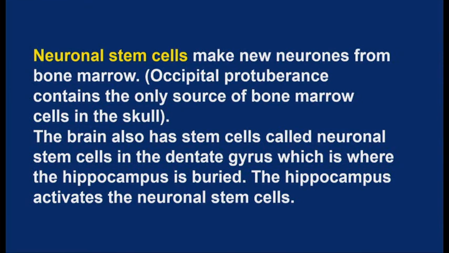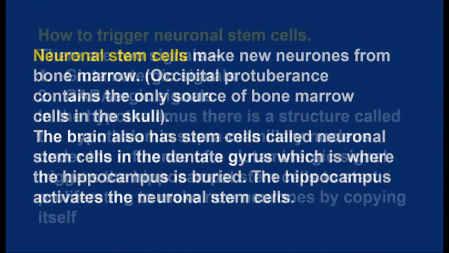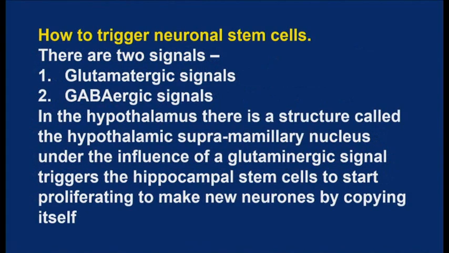The brain also has some stem cells called neuronal stem cells in the dentate nucleus, which is where the hippocampus is buried. The hippocampus activates the neuronal stem cells. Okay, how to trigger neuronal stem cells? There are 2 signals, the glutamatergic and the GABAergic.